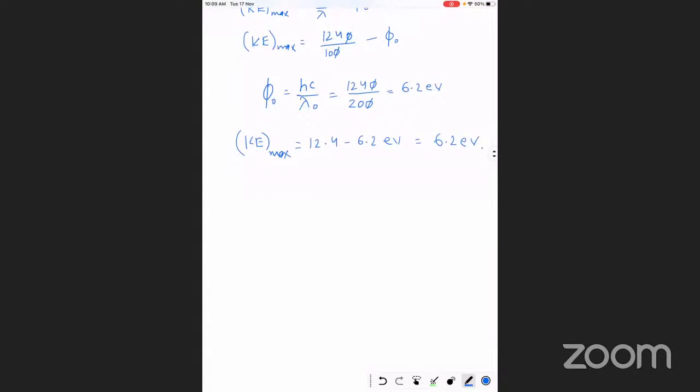So, what will be the nature of graph if we take kinetic energy on y-axis and frequency of incident radiation on x-axis?